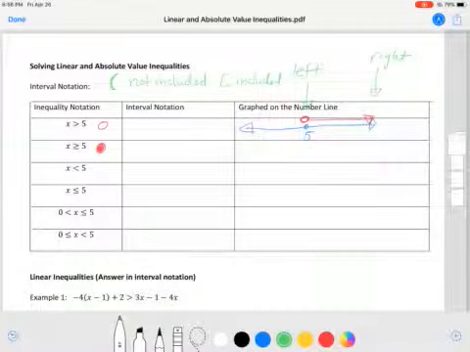Okay, so when I look at my left value, I'm looking at 5. When I look at how far I go to the right, I go on forever to positive infinity.